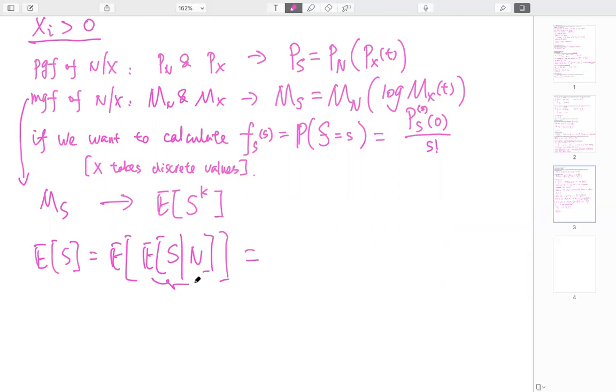So once you make this condition, you kind of assume the big N is fixed. Once big N is fixed, we know this is N times mu X, right? Because you are summing up N random variables of X, and they have the same expectation, which is mu X, and N of them. That's why inside the bracket is N times mu X. And finally, when you take the outside expectation, you regard N back as a random variable. So it's mu N times mu X, okay?